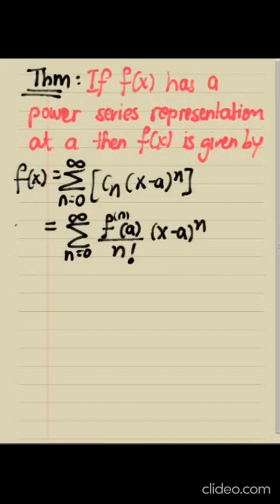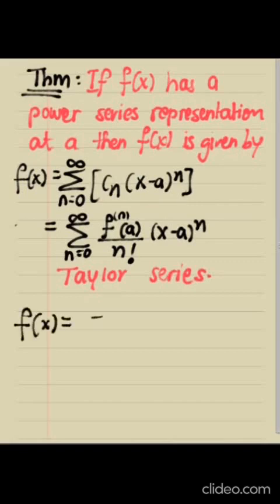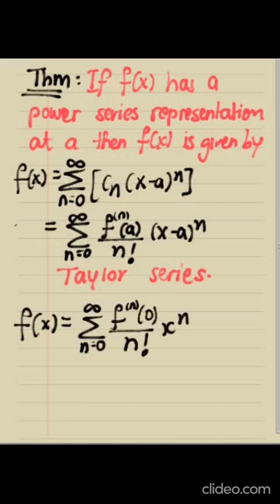And this is basically what we call the Taylor series. And when the Taylor series is evaluated at 0, we get f of x equals the sum from n equal to 0 to infinity of f nth derivative of 0 over n factorial times x raised to n.